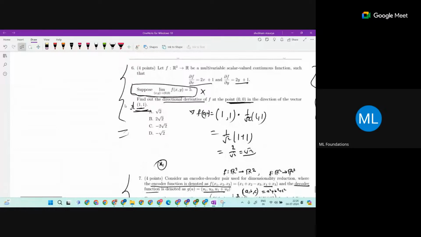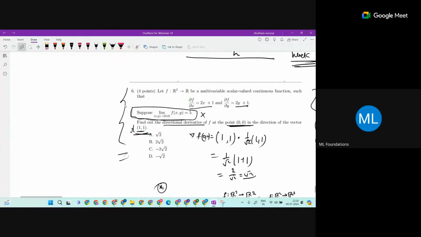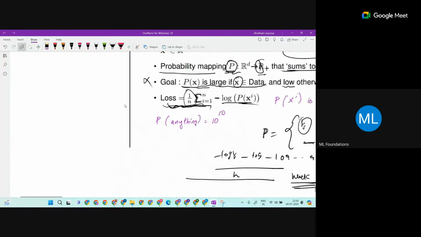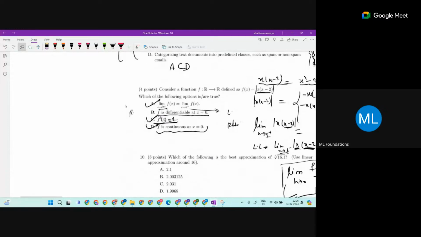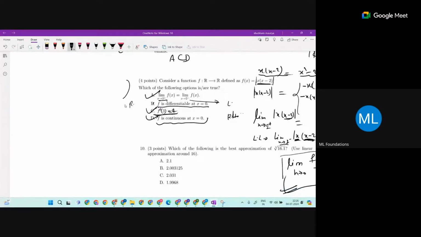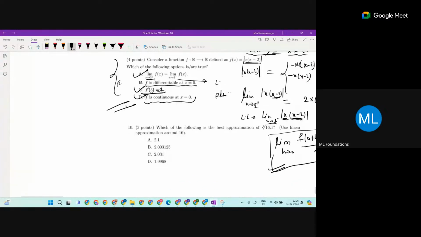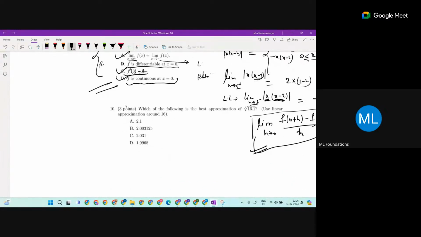See, this is one problem for week 2. Multivariable cases are there. One is from continuity, differentiability. This problem is about the best linear approximation. Which of the following is the best approximation of this one?